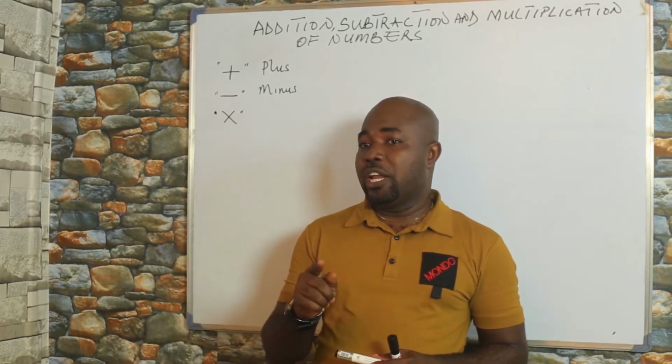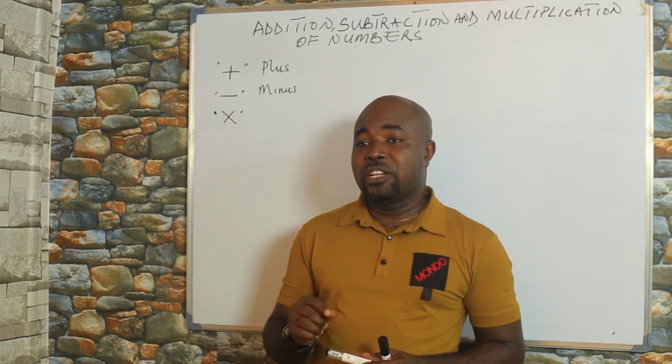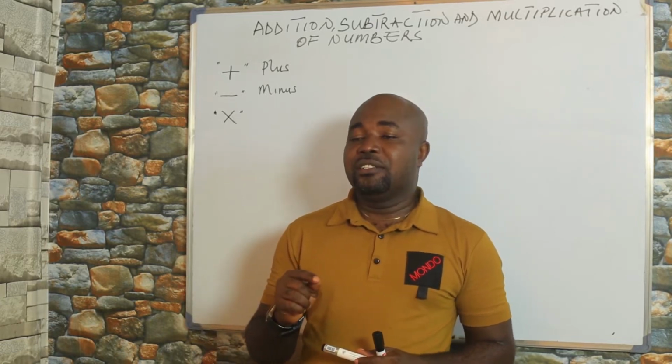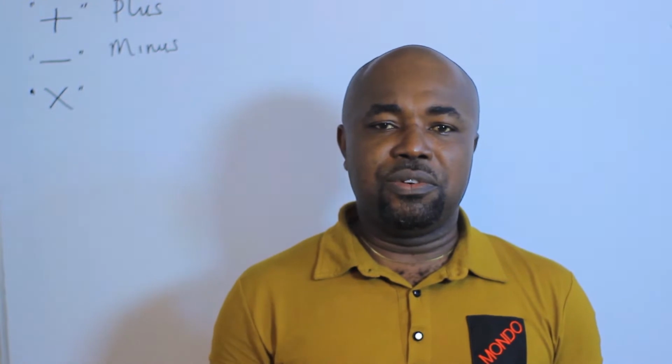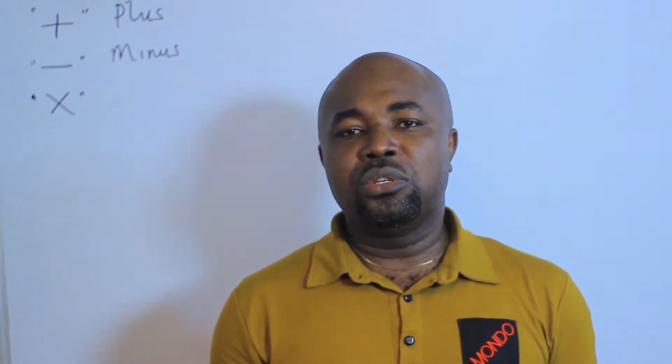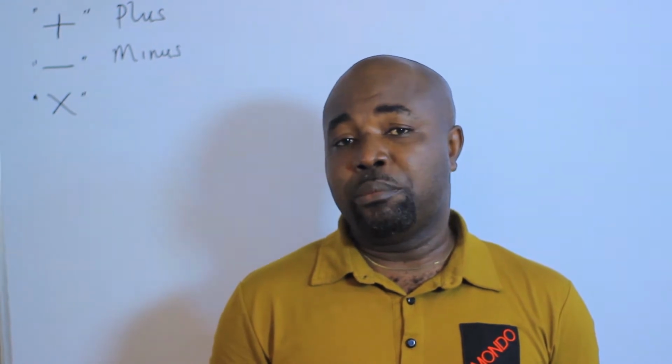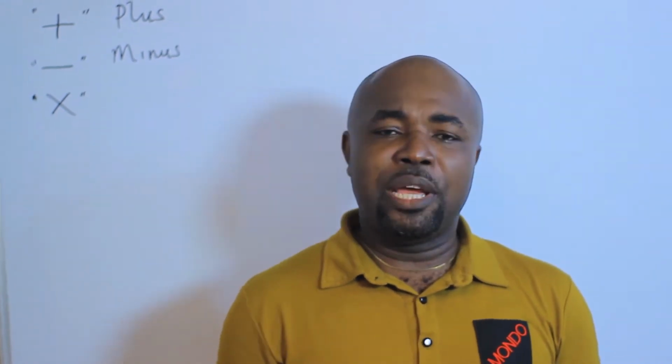As I told you earlier at the beginning of this class, division of numbers will be treated in the next series. So get the next series so that you also participate in the division of numbers and other topics that will be handled there.